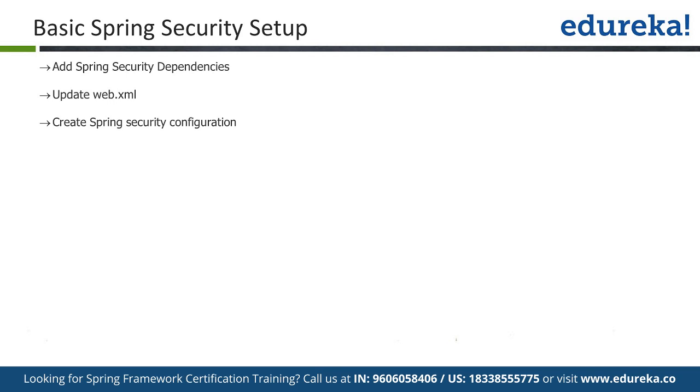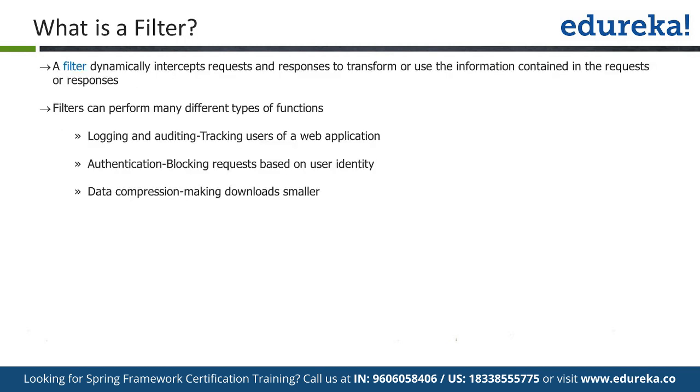And then you can keep adding the configurations, writing the code. If you want to customize it, you can do that. So what is a filter? A filter is nothing specific to Spring applications. It's a J2EE concept. A filter dynamically intercepts the requests and responses, incoming requests and outgoing responses, to transform or use the information contained in the request or response.